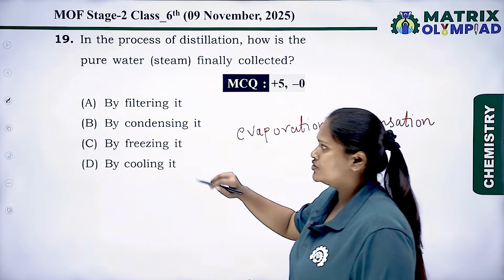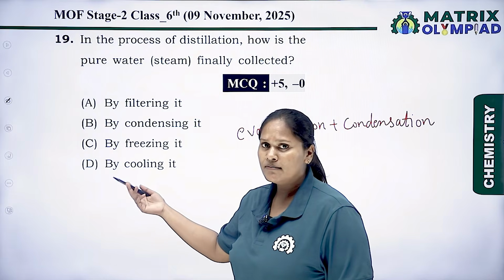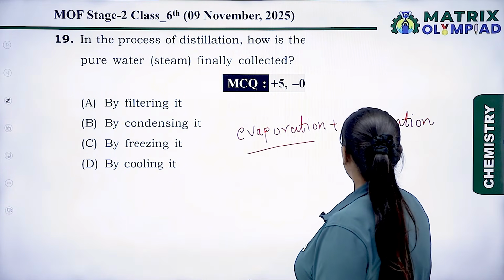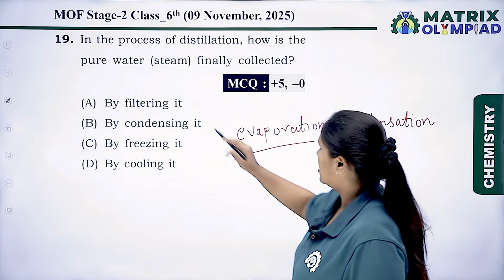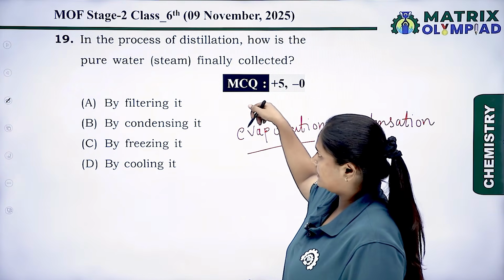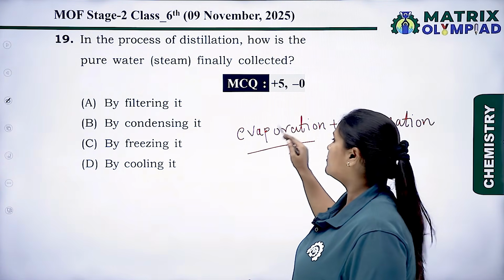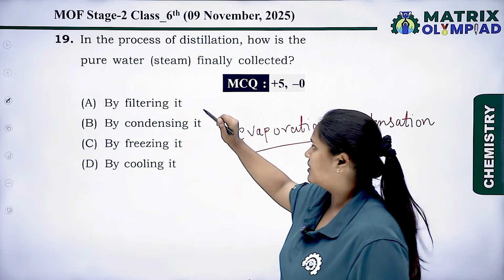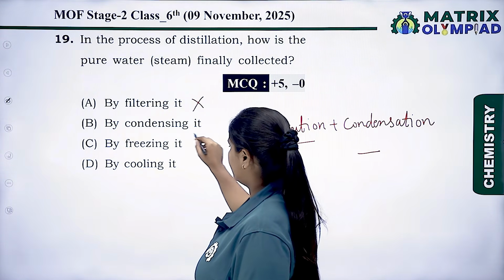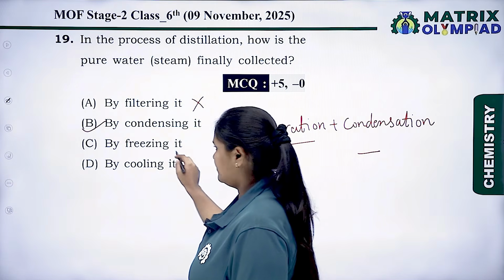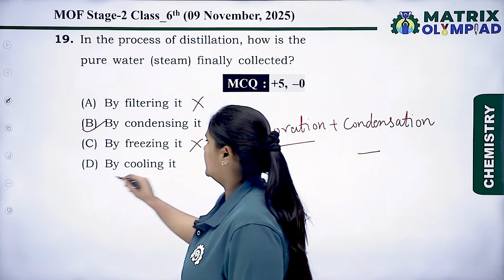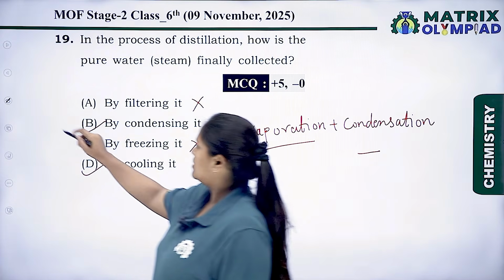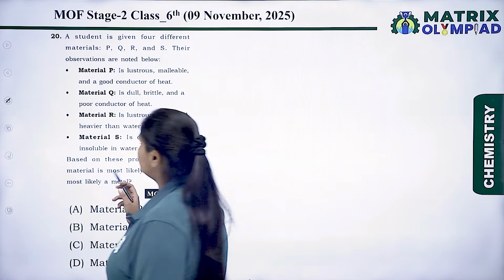So this is an MCQ where more than one option is correct. The first technique is evaporation and the second technique is condensation. How is pure water steam finally collected? After the evaporation method, we have to condense the steam vapor. By filtering it? No. By condensing it? Yes. By freezing it? No. By cooling it? Correct. So in this question, option B and option D are the right answer. Now come to the next question.